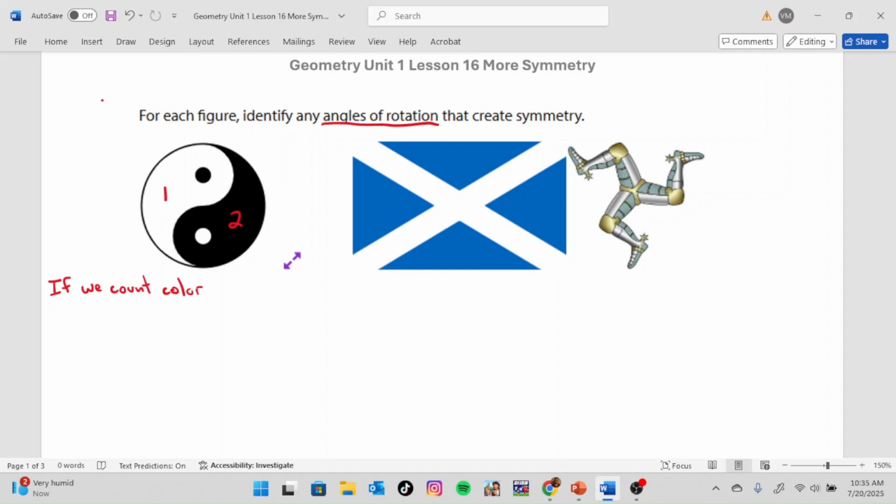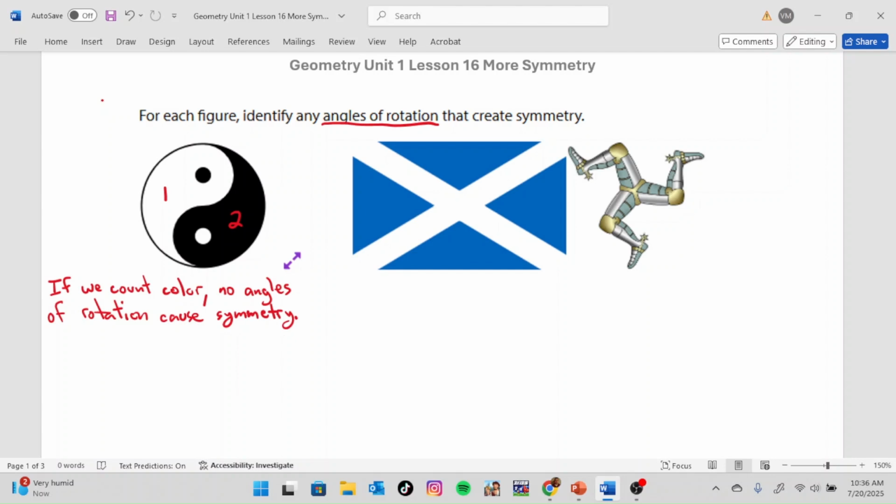And if we're counting colors, then that's not symmetrical. So we would say if we count color, no angles of rotation cause symmetry. That would be the first way to look at it.